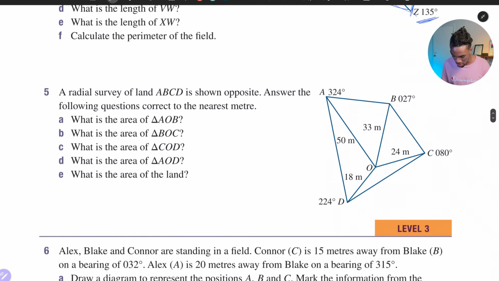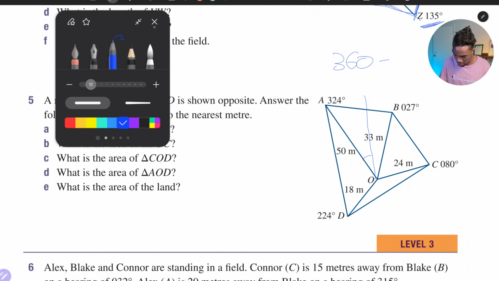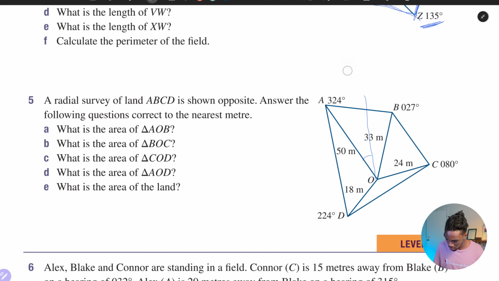This one, what is the area of AOB? Again, we can calculate this by doing 360 minus 324, which gives us 36.